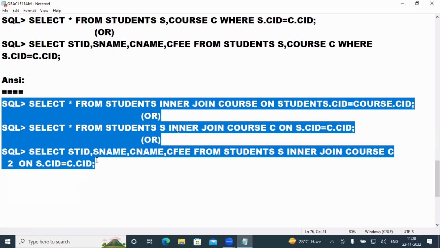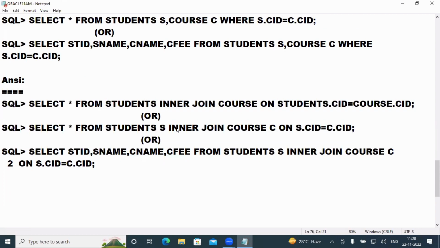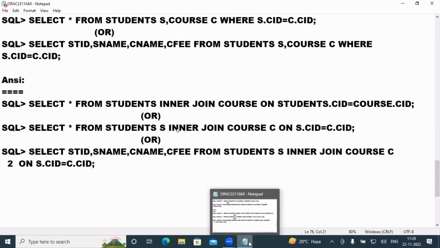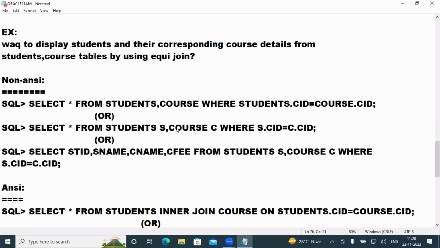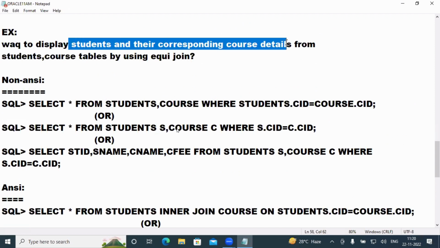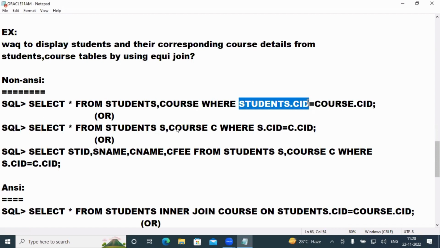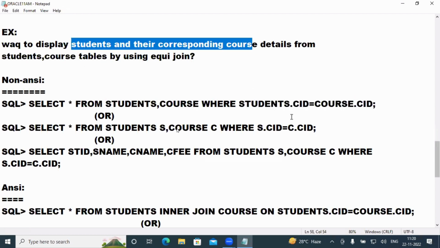In this example, I'm displaying students and their corresponding course details. As per my condition, the student's corresponding course will be displayed.